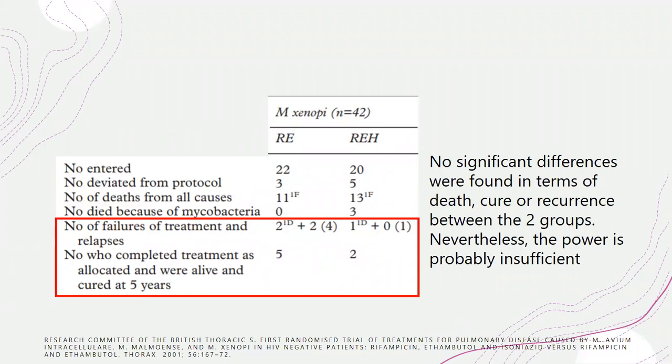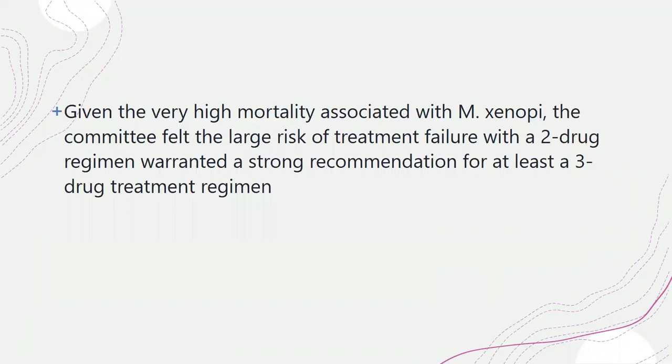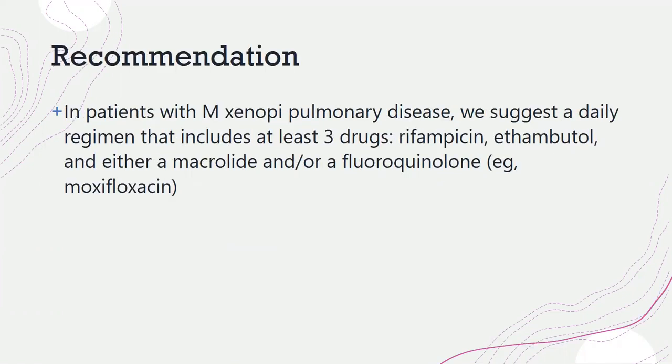But obviously it's a small study, so it's not well powered to detect differences in survival. Given the high mortality associated with Mycobacterium xenopi, it's felt that you want to go for a 3-drug regimen versus a 2-drug regimen, based on how poor the outcomes are with this disease, and you do not want to risk treatment failure or relapse in these patients.